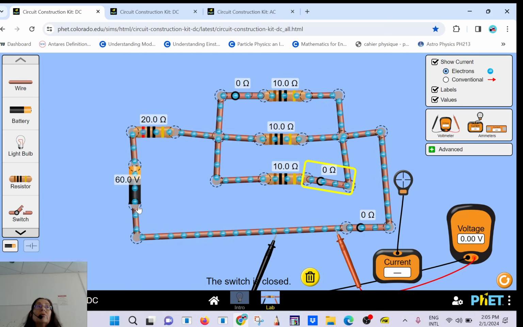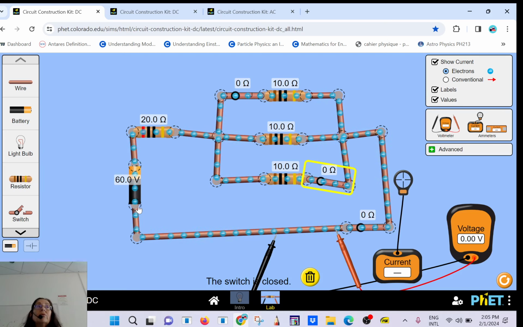So you see here, it's like instead of having 1 highway, you have 3 highways. So what do you think the equivalent resistance is going to be here? You have 10 and 10 and 10 in parallel, yeah? It's going to be what? Very good, 3.3, okay?